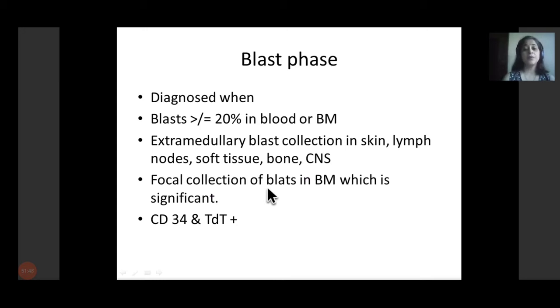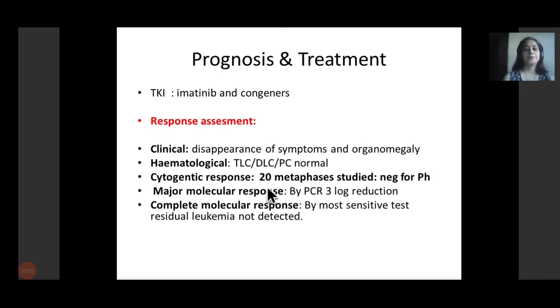For the basics of the bone marrow biopsy, we always do CD34 and TdT, along with the basic markers, that is MPO and the B and T cell markers, if the blast cell percentage is to be established and the lineage specificity is to be checked.